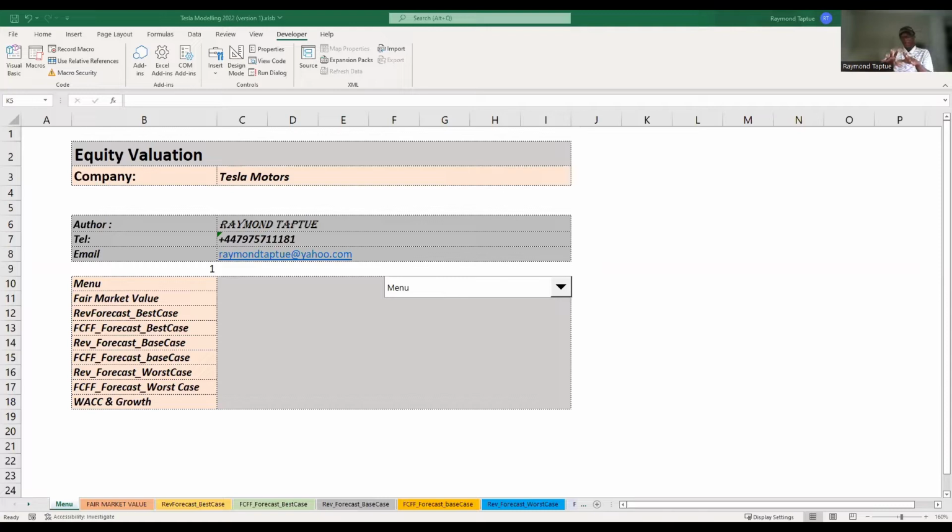For a bit of background, it is not the first time that I value Tesla. The first time happened in 2018, and I was one of the few analysts who truly believed that Tesla was significantly undervalued. I then redid this exercise in 2021 after the split, and I found that Tesla was overvalued by about $200.